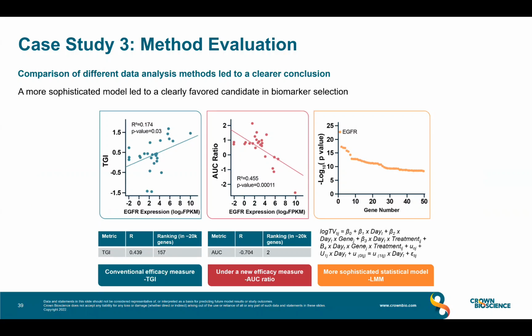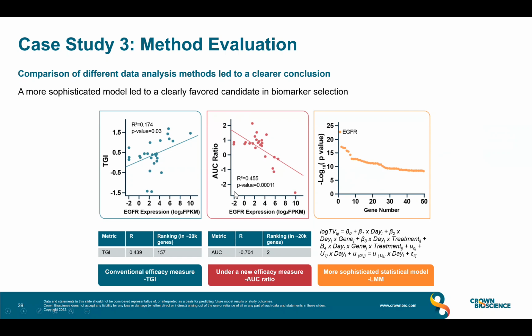To identify biomarkers, we used different methods, which gave us a clearer conclusion. First, tumor growth inhibition, TGI, as the conventional in vivo efficacy measure, showed a weak positive correlation with EGFR expression, and EGFR ranked 157th within 20,000 genes in the human transcriptome.